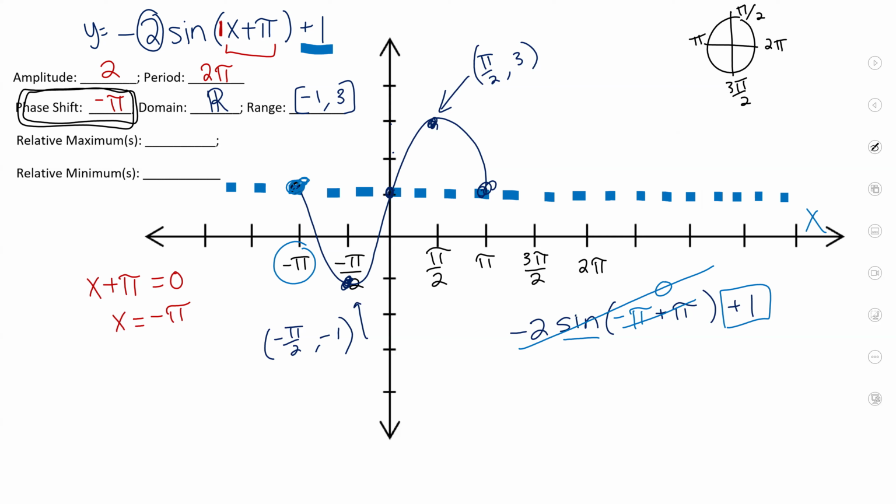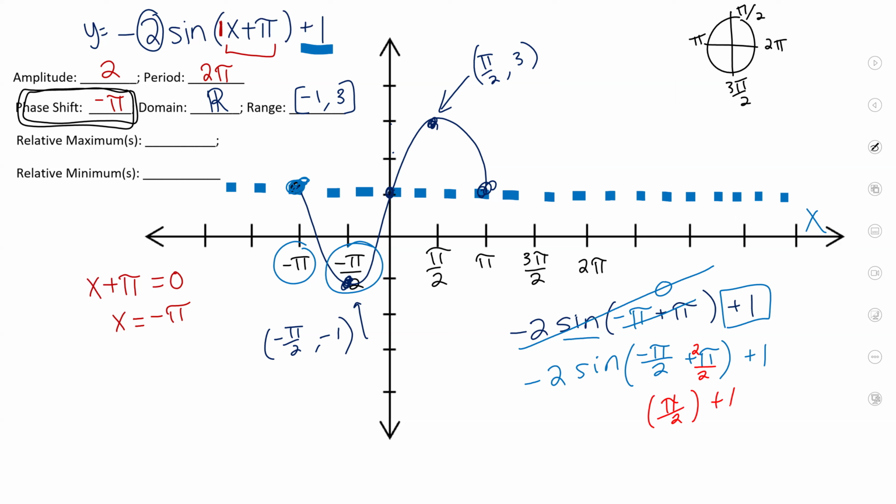You guys see that? Okay, I'll plug in one more point. I'll plug in this -pi/2. So I have -2 sine. I'm plugging in -pi/2 this time into my function. Okay, so let me get the same denominator real quick. 2/2. Okay, so -pi/2 plus 2pi/2 is just pi/2.